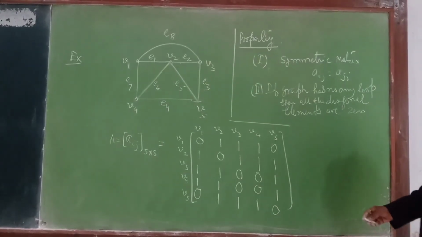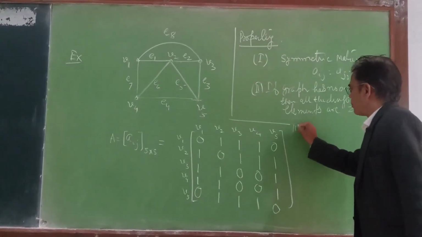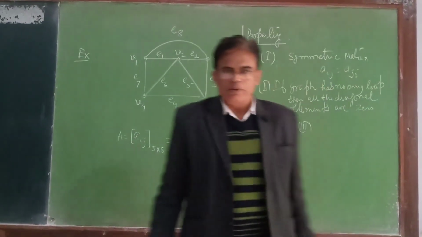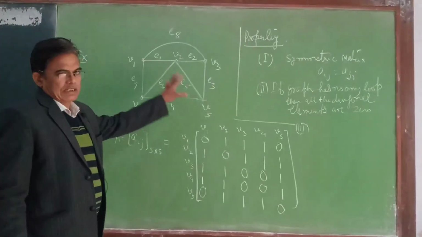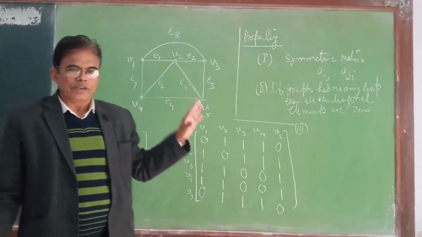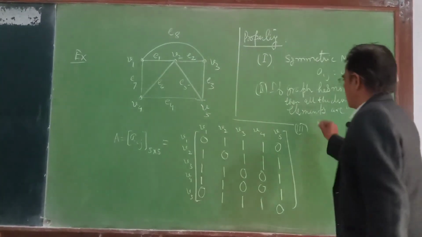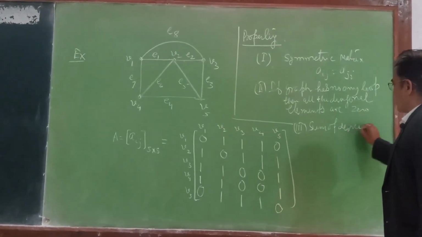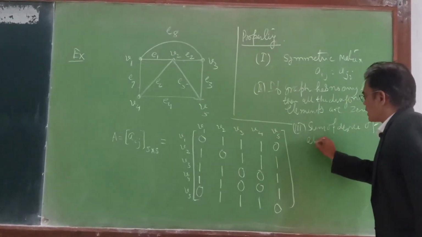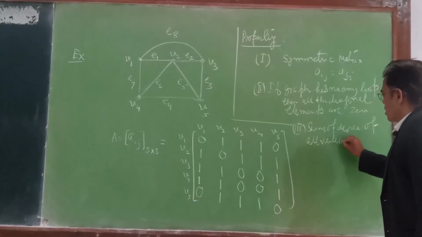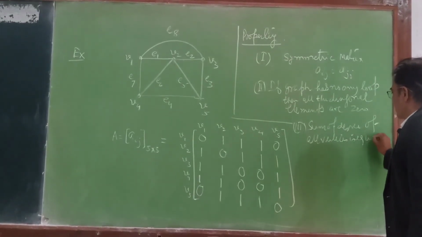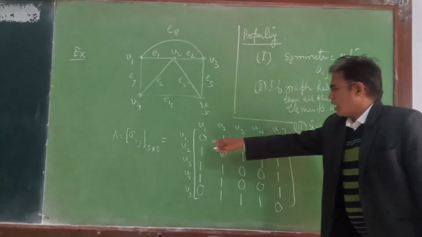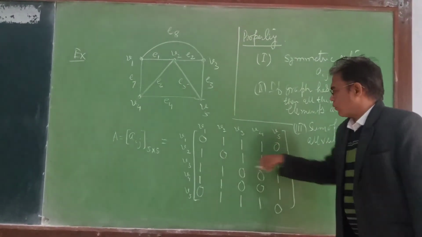And the third is a very important property. The third property is, you see here, the sum of degrees of all vertices is equal to the sum of all these entries, meaning first row, second row, third row.